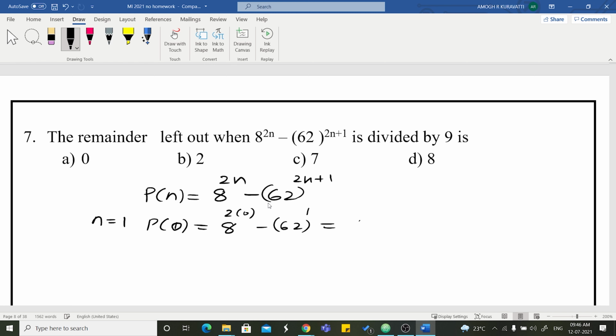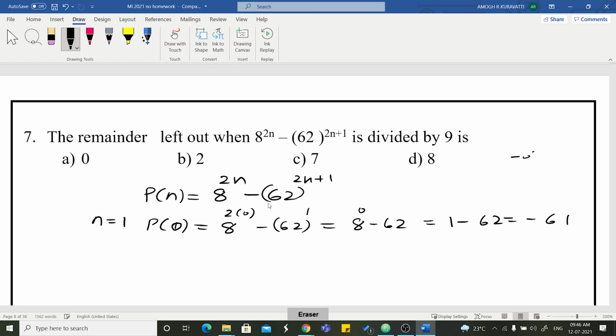So 8 power 0 is 1, minus 62, which is minus 61. This is minus 61 divided by 9.